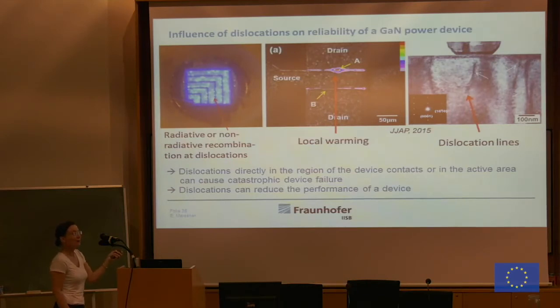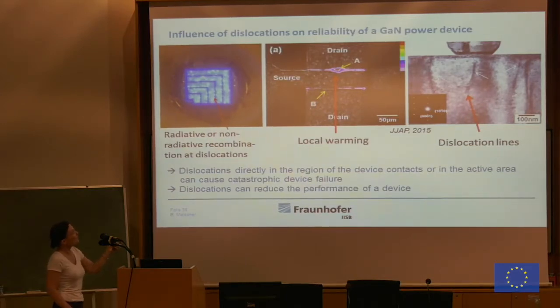So what about the reliability of power devices in relation to dislocations that are present? Here you can see an electroluminescence picture of a gallium nitride layer, and you see that radiative and non-radiative recombination is different at different places, so it's by no means homogeneous, and this is also something that we don't want. So this is definitely a direct action of the presence of dislocations in a material.